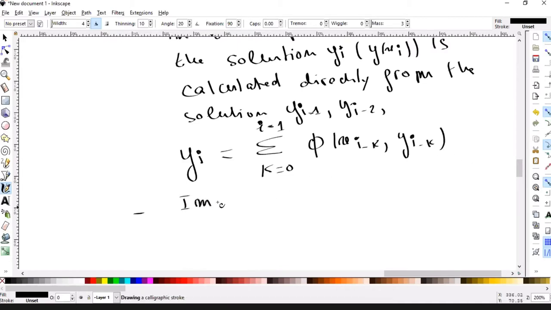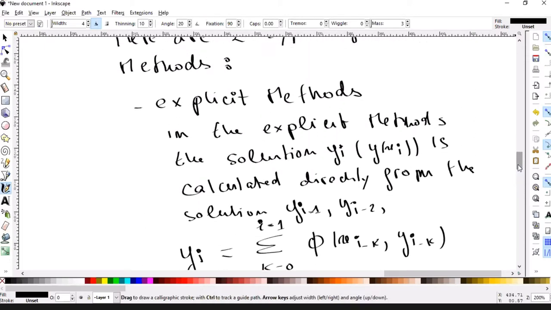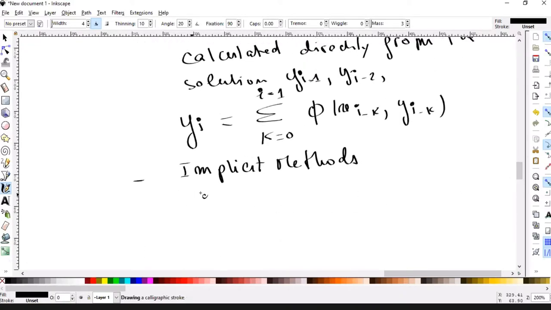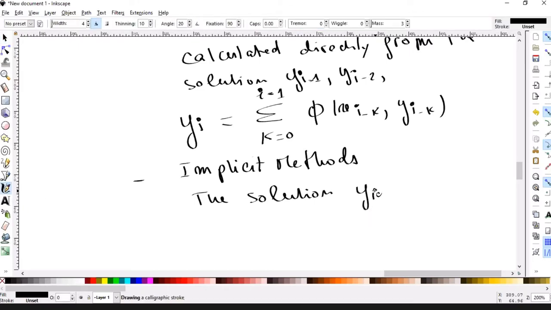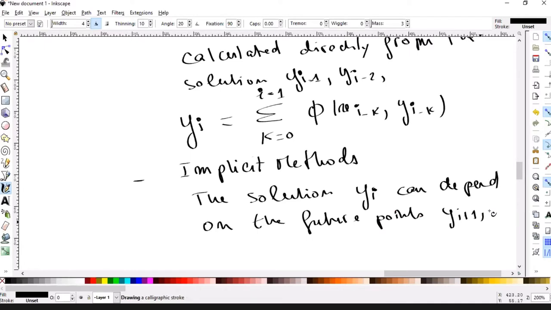Now, the implicit method. In the implicit method, the solution at step i, or the solution yi, can depend on the future points, or say yi plus 1, yi plus 2, etc. Which we don't have.